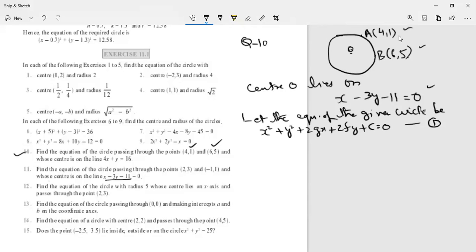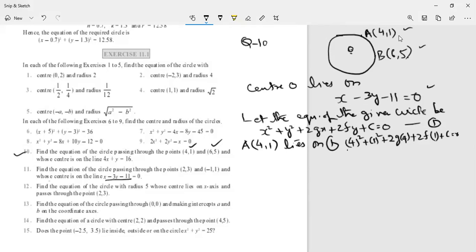So now we will apply the first condition, A. When A, that is (4, 1), lies on the first, so when any point lies on the circle we can put 4 instead of x and 1 for y. 4 square plus 1 square plus 2g into 4 plus 2f into 1 plus c is equal to 0.